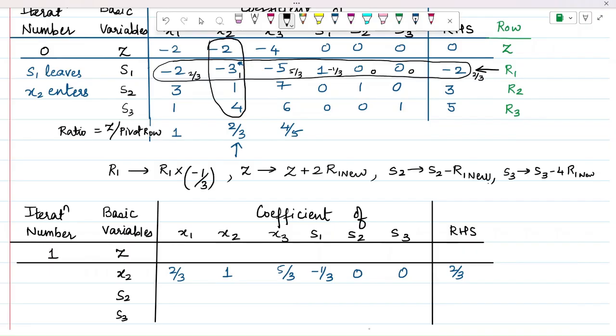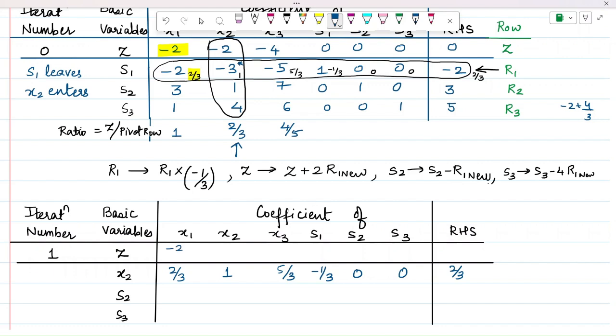Okay. So once we're done till here, let's start filling in the table. Now we'll fill in the values of the Z row. Z row becomes Z row plus 2 times R1 new. So let's understand. It's going to be negative 2 plus 2 times 2 by 3, which is negative 2 plus 4 by 3, which becomes negative 2 by 3.